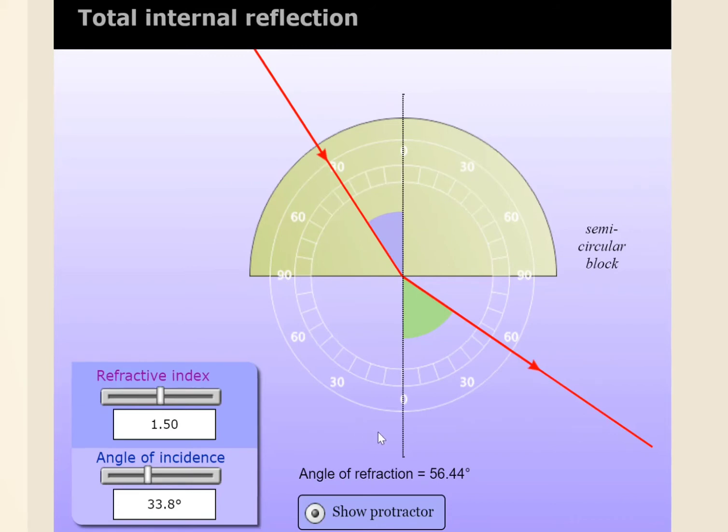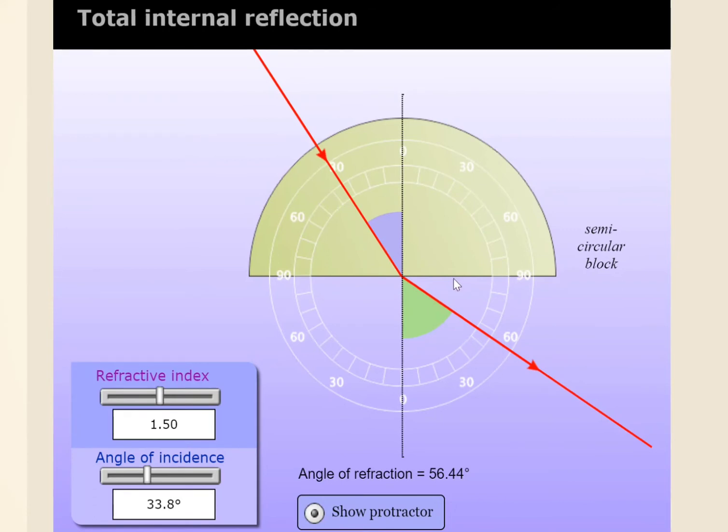Now we know that for refraction, the refracted ray, this one, is further away from the normal line when light travels from high optical density, from here, to the lower optical density material.